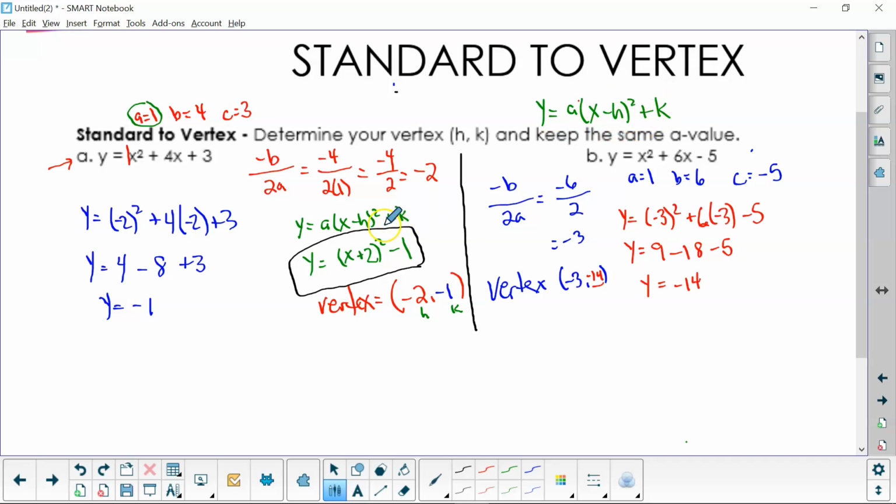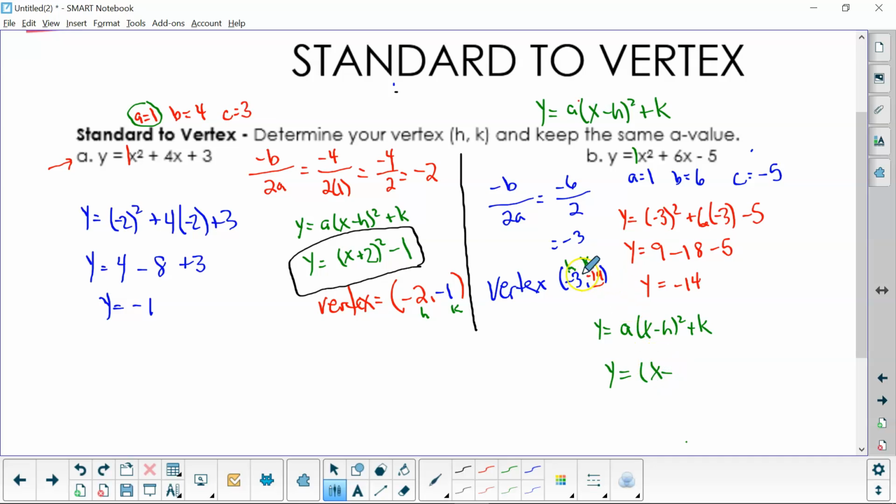We have it here and we have it here, so I'm going to rewrite it here. y equals a times x minus h squared plus k, where h is the x value and k is the y value of my vertex. I just plug them in. a was equal to 1, so I don't have to put 1 times this. I'll just leave it out.